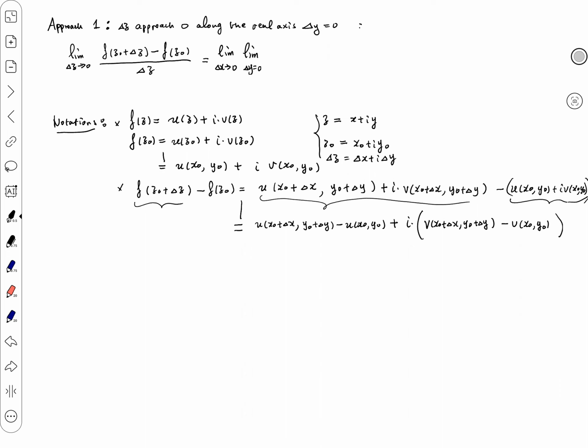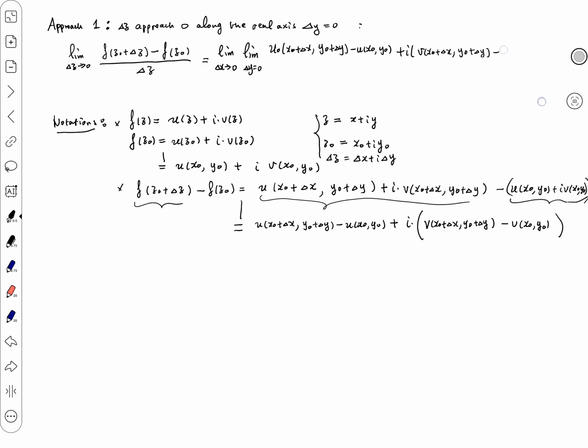Then the numerator will become, just copy it here.